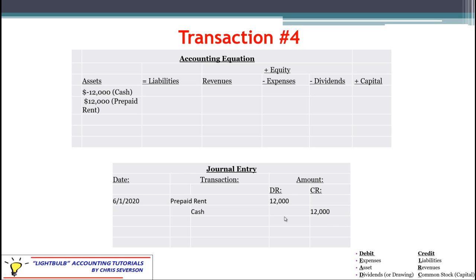Under one method you can load it up as an asset first because it really is technically an asset on day one. It's unused. And then later on when it's used, it would be moved over to an expense. Method two, that we'll talk about in a couple of videos, would say, let's just move it all to expense first, but then any portion at the end of the period that we didn't actually use, we'll move it back and store it here as a prepaid rent asset. So just keep that in mind there.